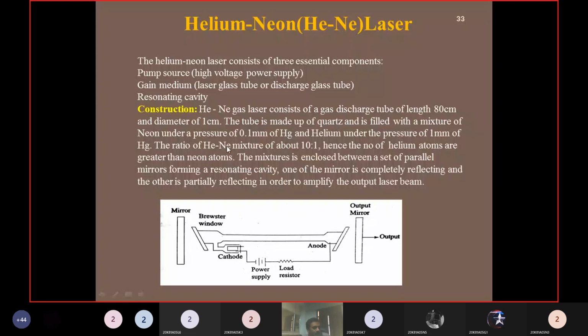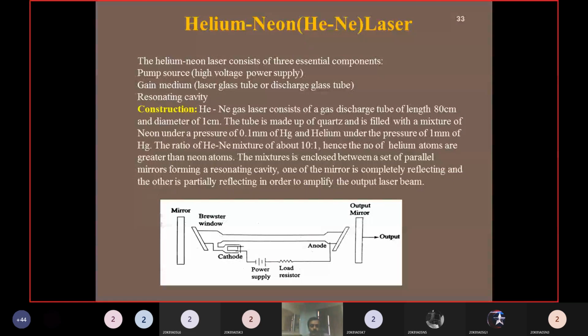It will be either Pascal or mm of Hg. At STP, the normal atmospheric pressure is 760 mm of Hg.